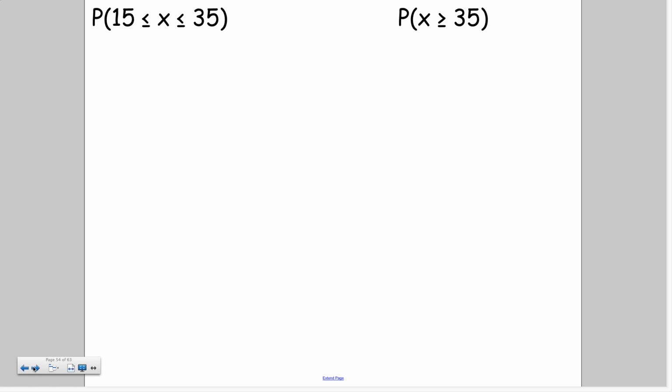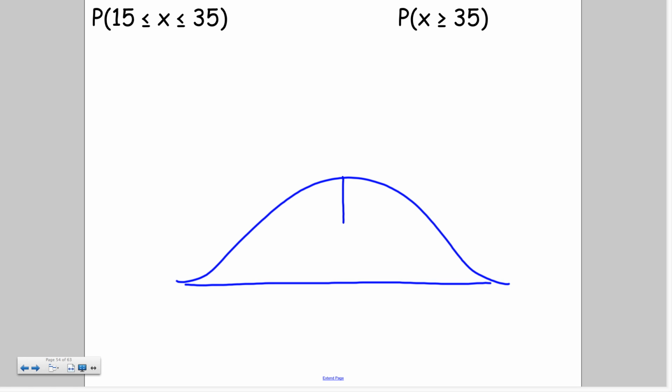All right, the next one, let me go ahead and redraw this real quick. So we had 25, 30, 35, and 40.